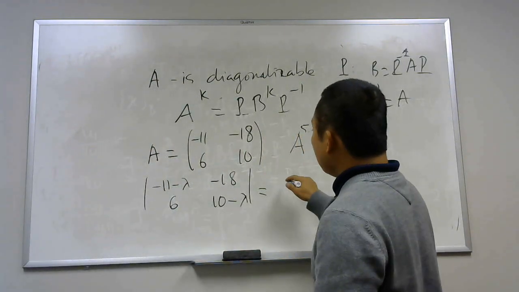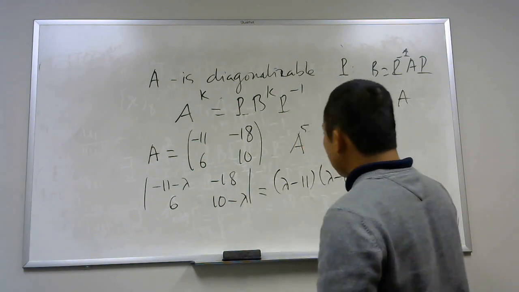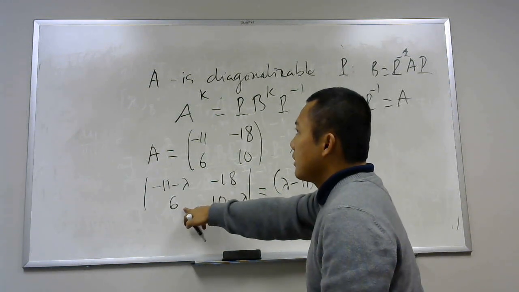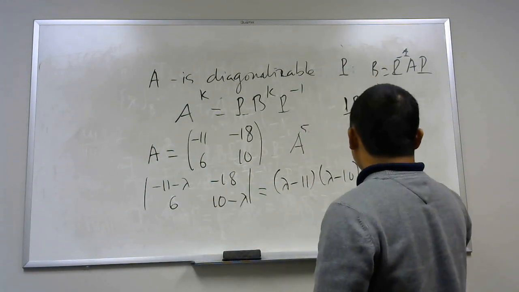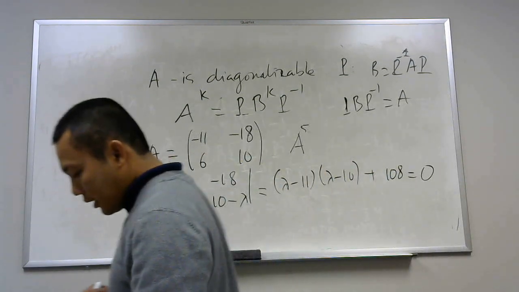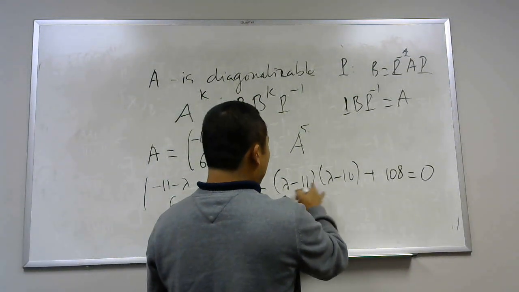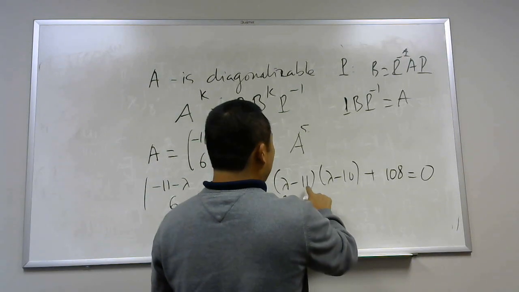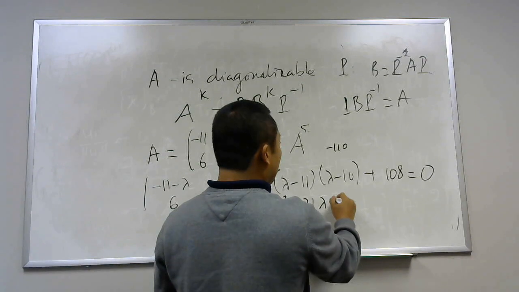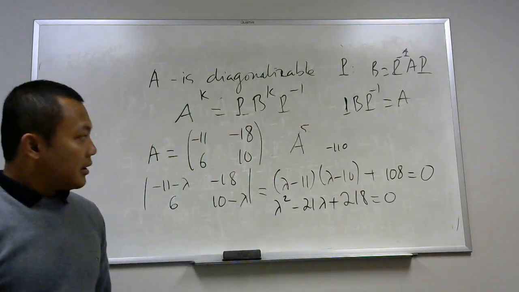And then you have (lambda + 11)(lambda - 10) + 6 times 18, which is 108, equal to 0. Let's expand: I have lambda squared, plus lambda, minus 110, plus 108, equal to 0. Oh my goodness.